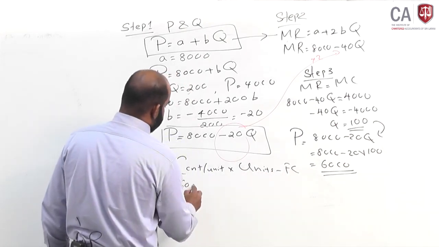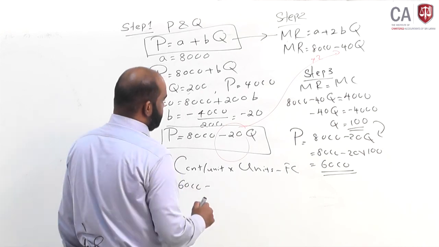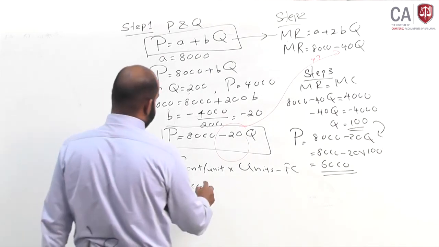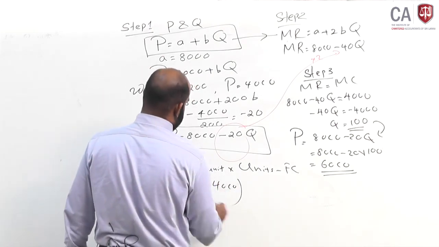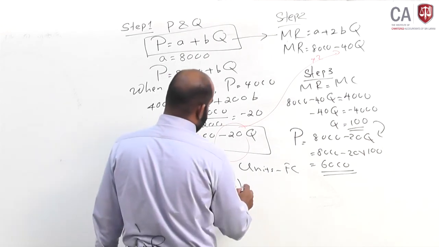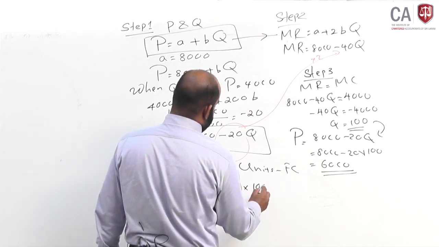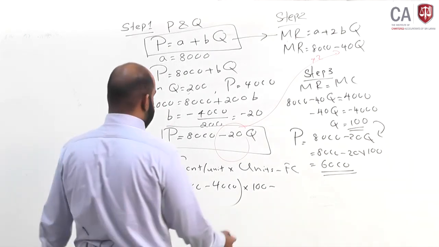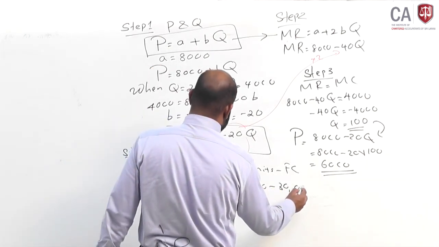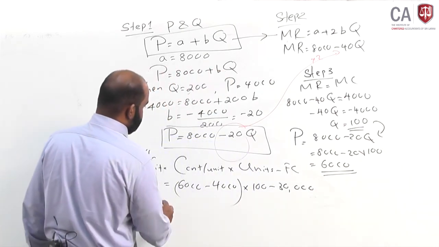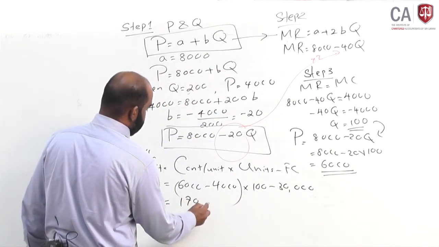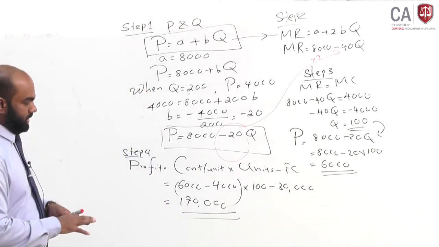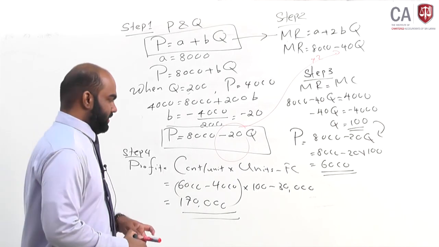We know selling price is 6000 minus the variable cost, or the marginal cost, which is 4000 from the graph. Units we got as 100, minus fixed cost they have given in the information given. It says 30,000. So this is 200,000 minus 30,000, 170,000. That is the answer.